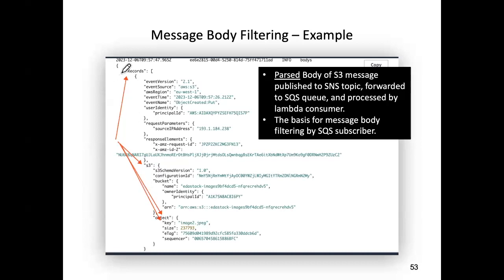So record, within record, there's a key called S3. Within S3, there is a key called object. Within object, there is a key called key, and then we can specify a string filter on this particular part of that structure.